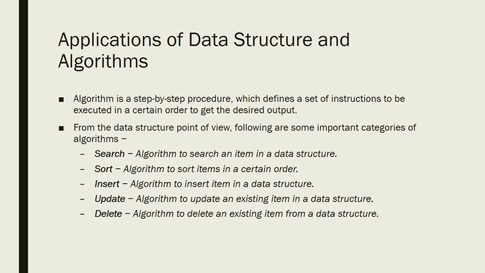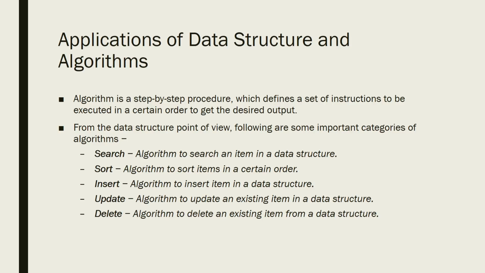Next is insert, an algorithm to insert an item in a data structure. Another one is update, an algorithm to update an existing item in a data structure, somewhat like editing. Next is delete, an algorithm to delete an existing item from a data structure.